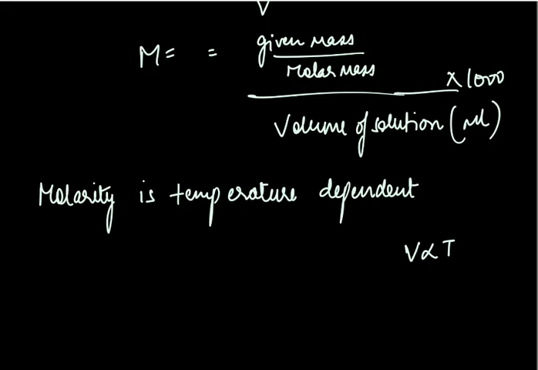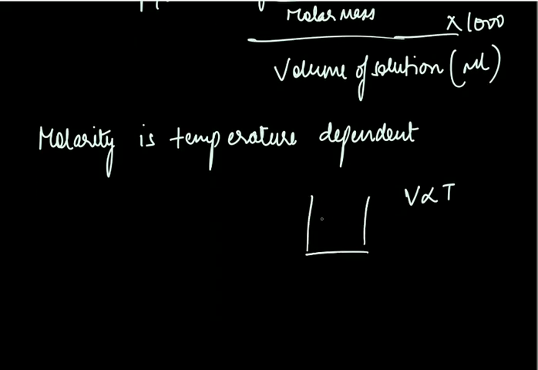Meaning, any volume we have, we are applying to the liquid; this is actually applied to gases, but we can apply it over here to liquids also. Let's say you have a beaker with water in it and you are heating it with a Bunsen flame. This is just a simple hypothetical diagram I'm drawing.